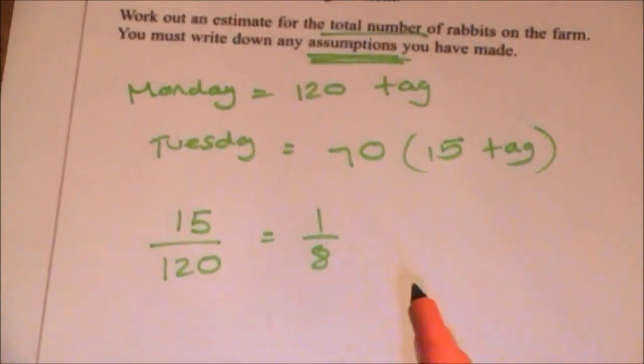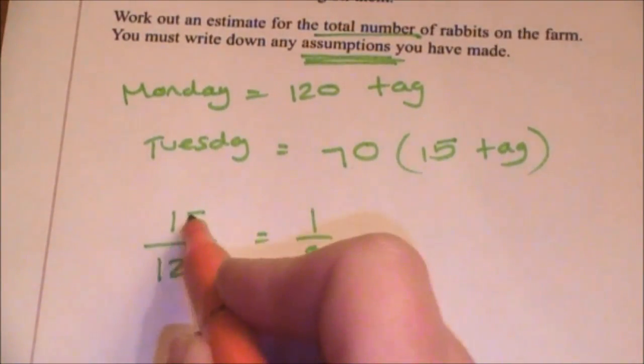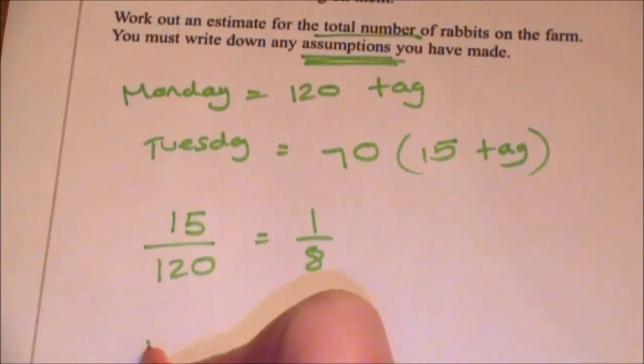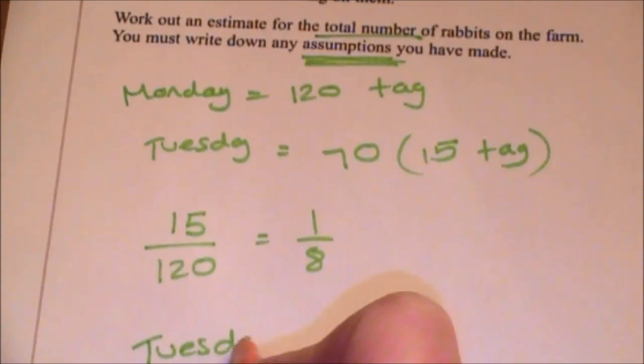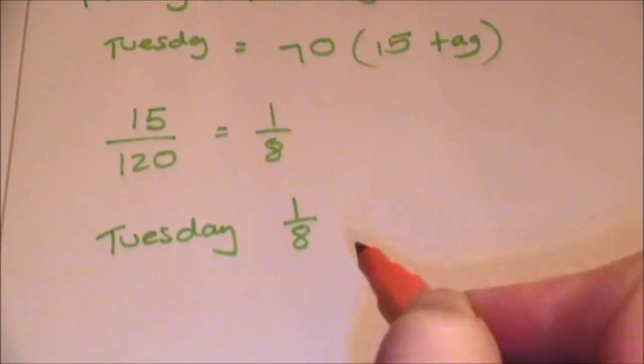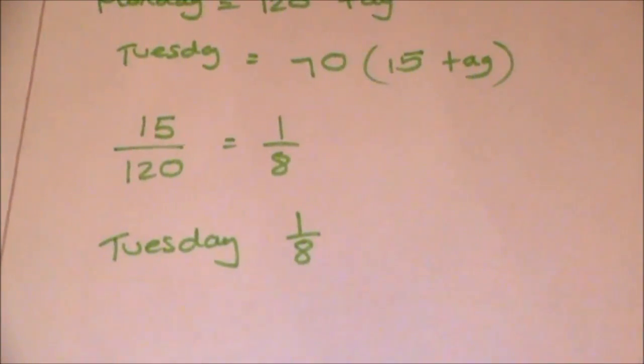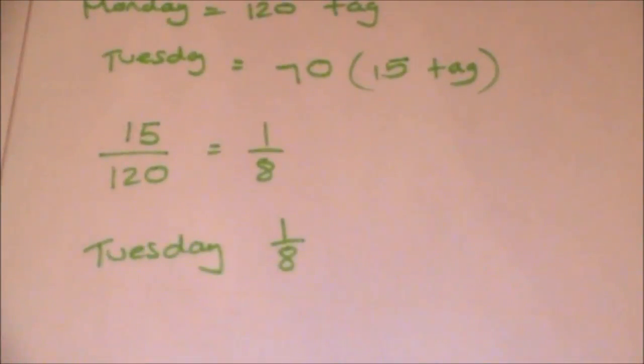Now this is where my assumption comes in. If 1/8 of the rabbits were caught on Tuesday, and they were tagged, and I know that overnight the number of rabbits hasn't changed. You know, hundreds of rabbits didn't just suddenly die. It's an assumption that I'm making. They may have. There may have been a fire in the bush or something, or the river may have flooded their burrows. I don't know.